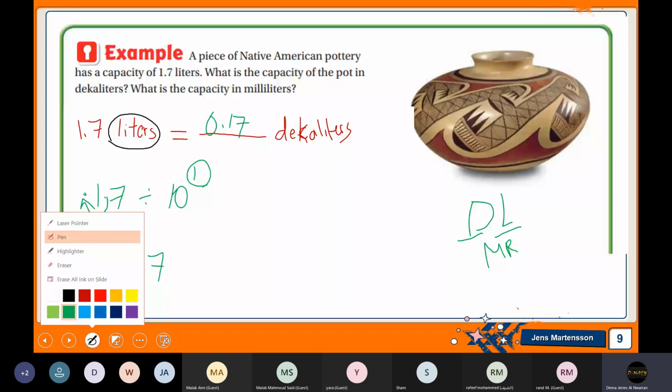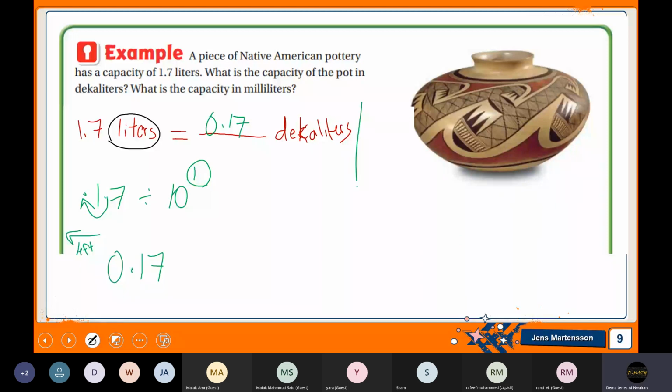Now let's go to the second part. Here, what is the capacity in milliliters now? I have 1.7 liters, and I want to find the answer in milliliters. Now, where am I now? I am on liter.